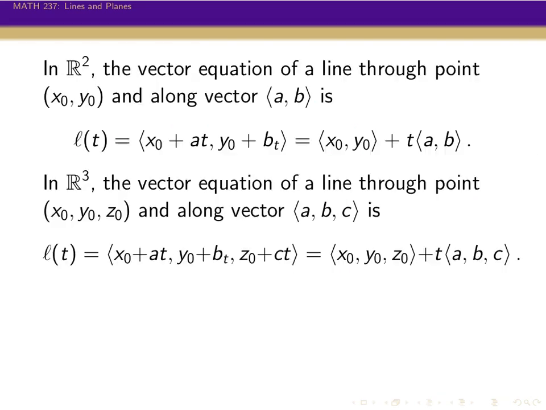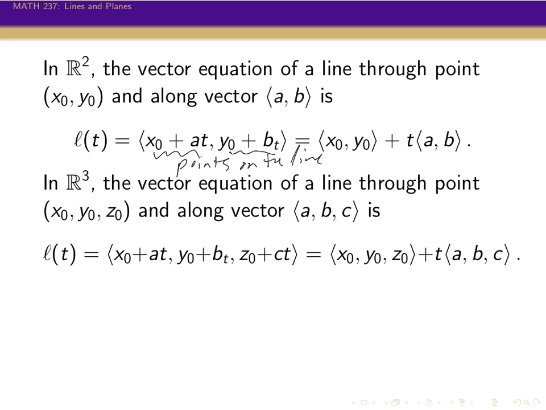Okay, and so written that nicely up here. In R2, the vector equation of a line through the point x naught, y naught along vector AB gives us right here. So these components here, these are giving us points on the line. These correspond to points on the line. We could go through the exact same construction in 3 dimensions.